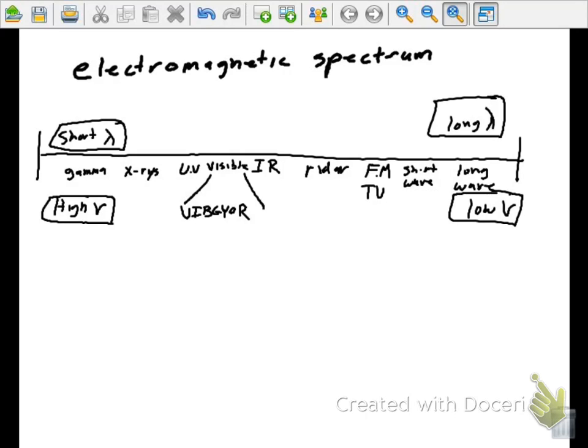Right. So that's kind of a trick question, right? So I'll say, which one has a faster speed? And you'll go, neither, they have the same speed. Okay? But if I ask you which one has a higher frequency, X-rays or green light, you'll say X-rays. Down here. So this side, high to low.